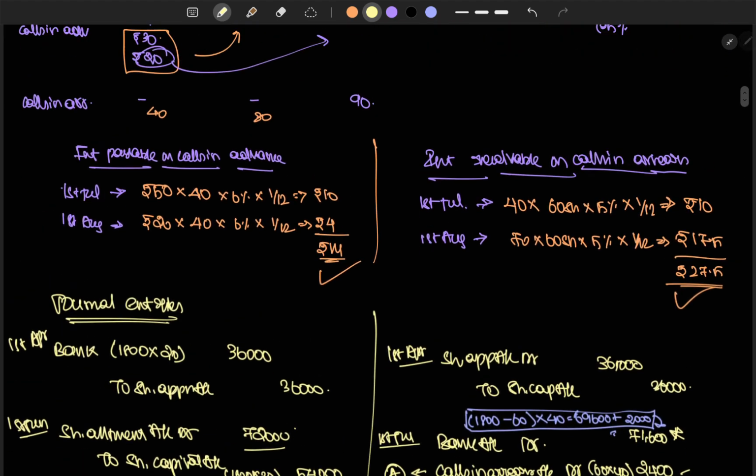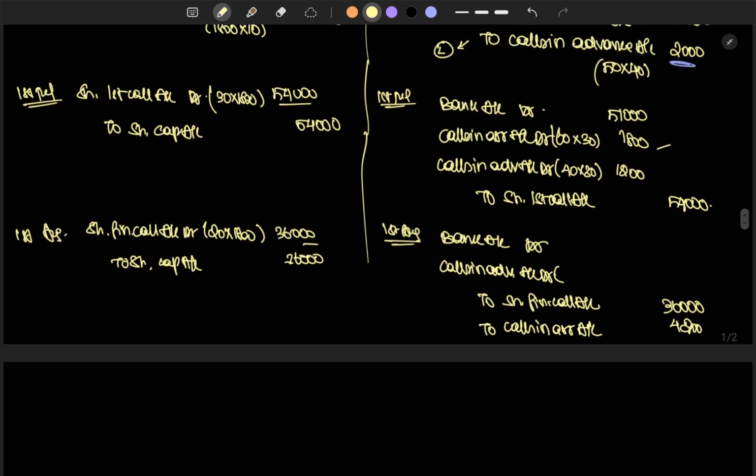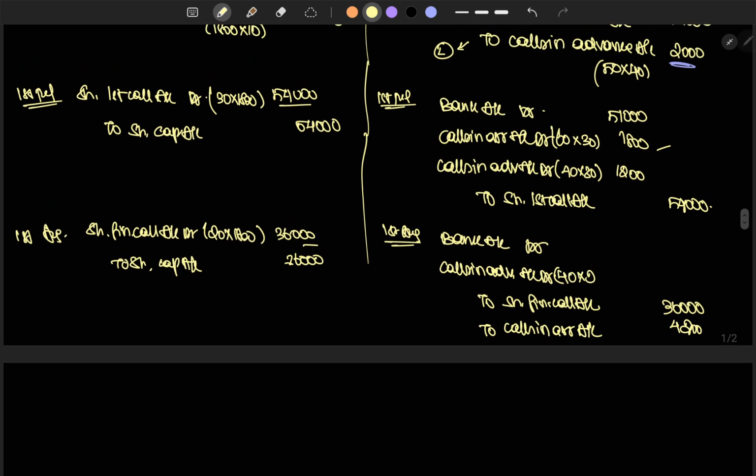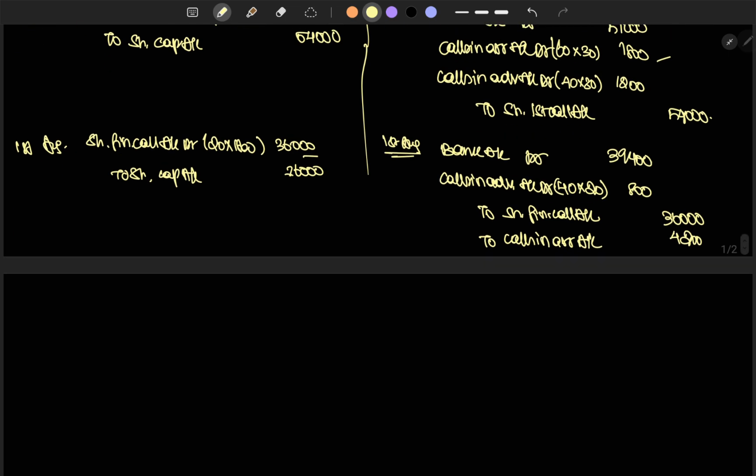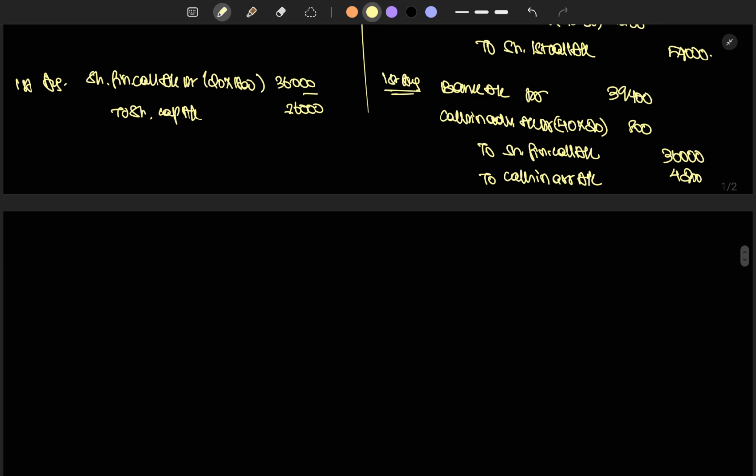That is 40 shares into 20 rupees. 40 into 20, which is 800. So let's balance it. 36,000 plus 4,200 minus 800, which gives us 39,400.